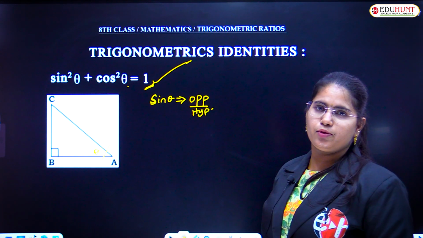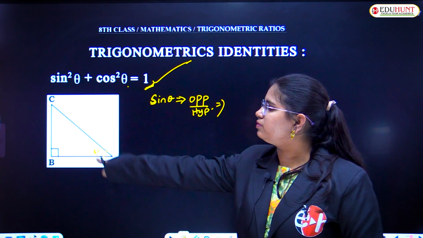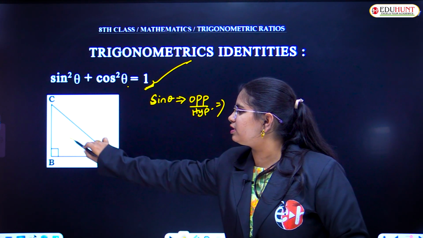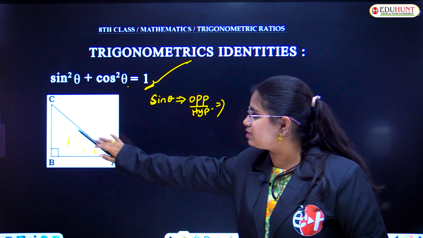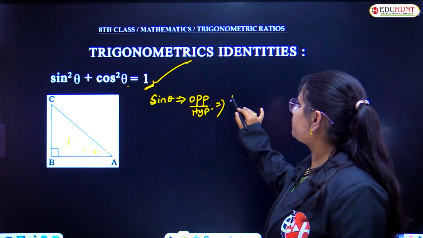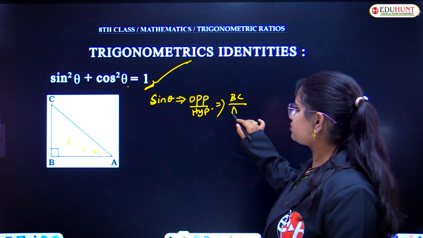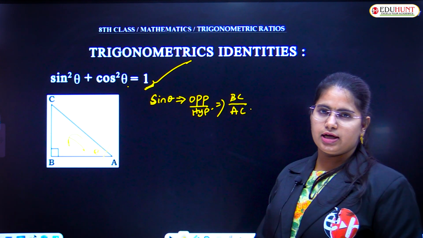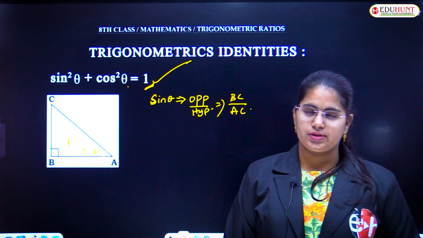What is the opposite side to theta? You need to check with respect to the theta position. Out of the 3 sides, what is the opposite side? It's simple, BC. And what is the hypotenuse side? It's AC. As usual, the longest side is the hypotenuse side.